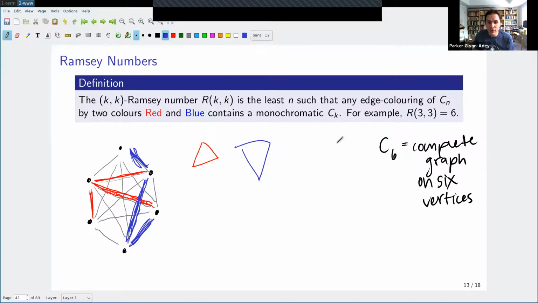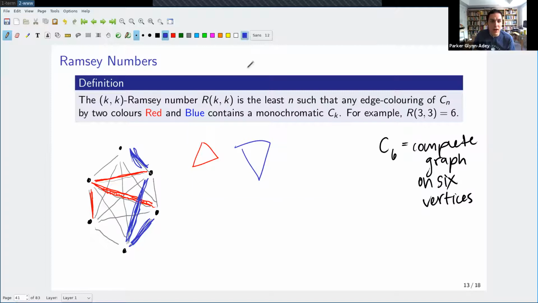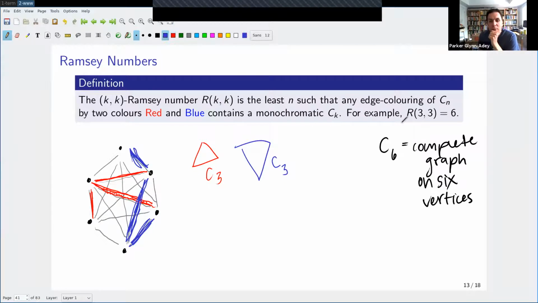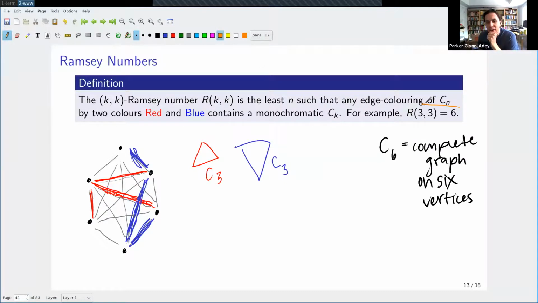So, right, so this is a monochromatic C3, and this is a monochromatic C3. And one of the first examples, or one of the only examples where the calculation is nice, is that R(3,3) is 6.